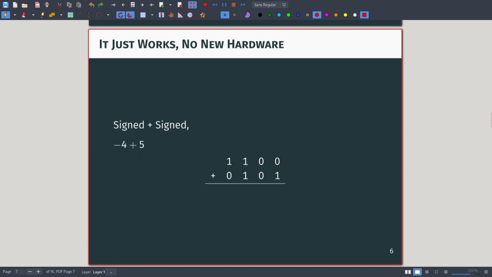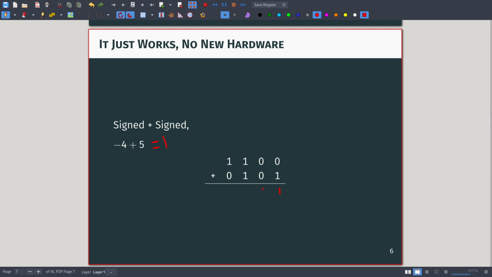And so as an example, we have negative 4 plus 5, right? Here's the encoding in 2's complement of negative 4, and here's the encoding in 2's complement of 5. That is a 4-bit 2's complement, right? We can agree just by looking at this that this should be 1, and so let's verify that, right?